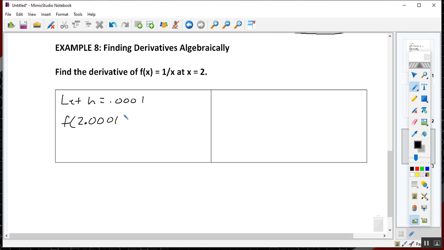Minus f of 2, all over what? It's almost like it's like that every time. Okay, let's see this. Anybody willing to put 1 over 2.0001 for me and then run your values the length of your window in your calculator?